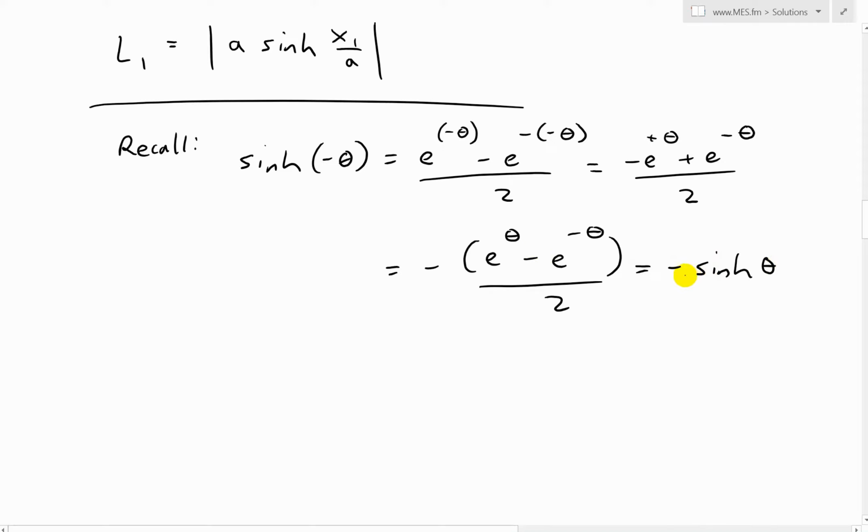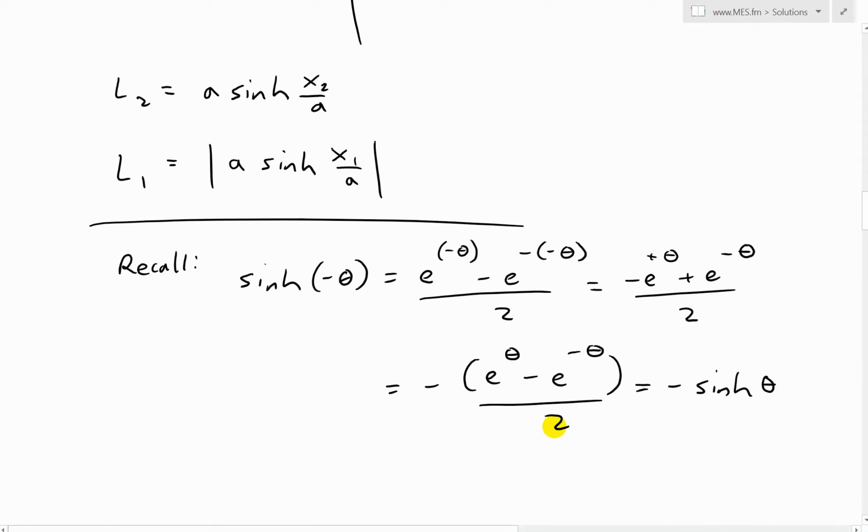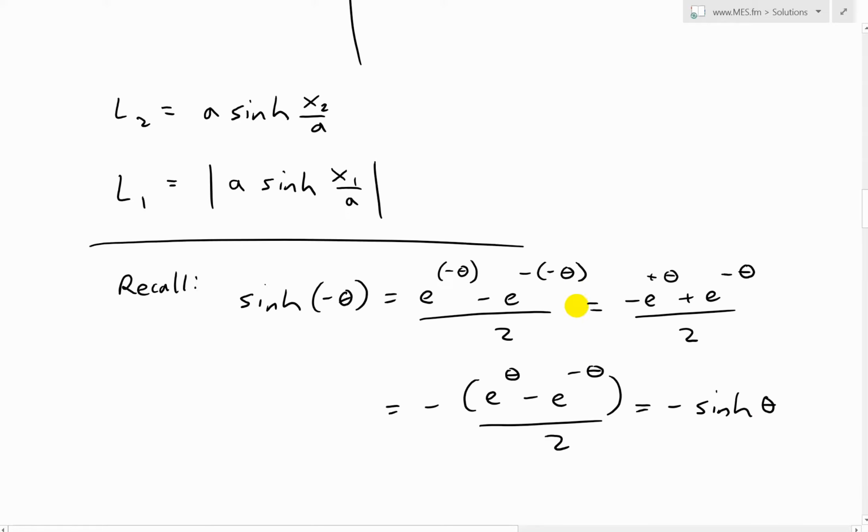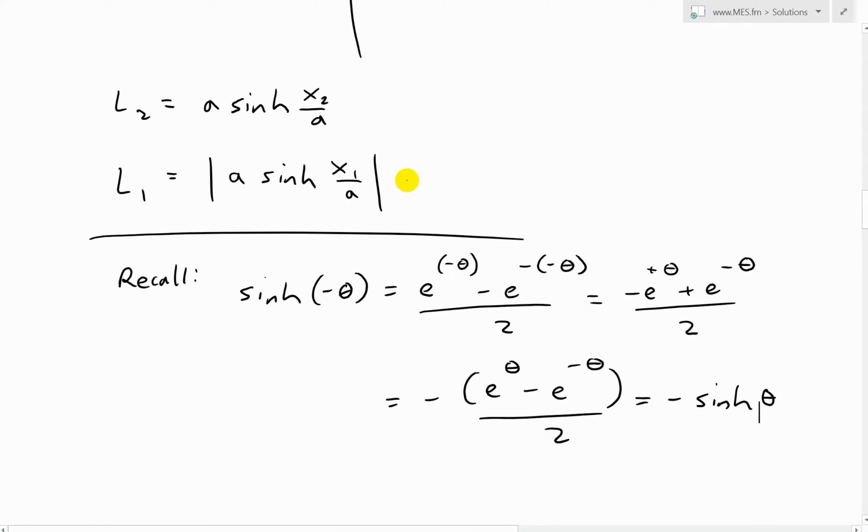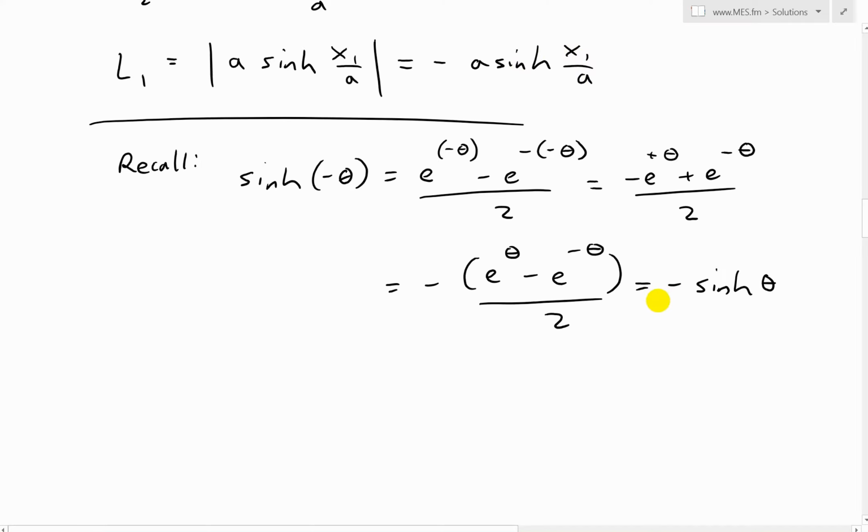So what we get is a negative one, and for positive values of theta it's actually positive. Recall, I'll do a graph video later on. But what do we have now? If we have the absolute value, this equals negative a sinh x1 over a. That's because x1 is less than 0 there.